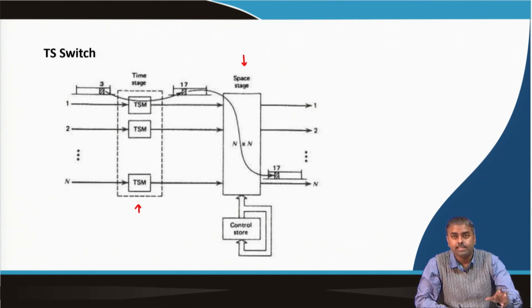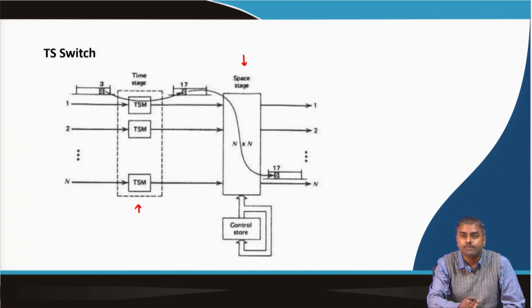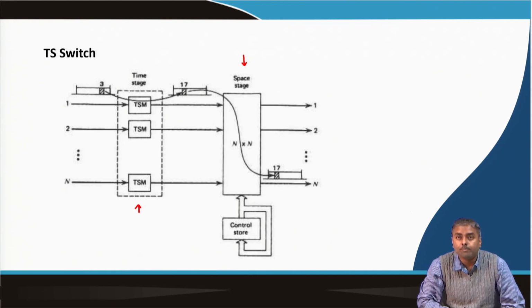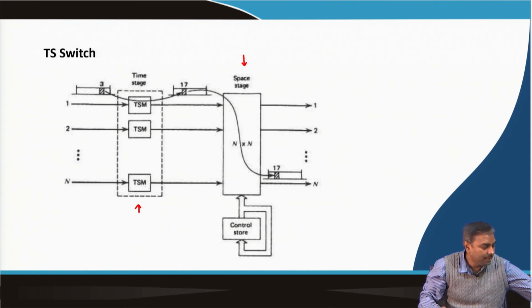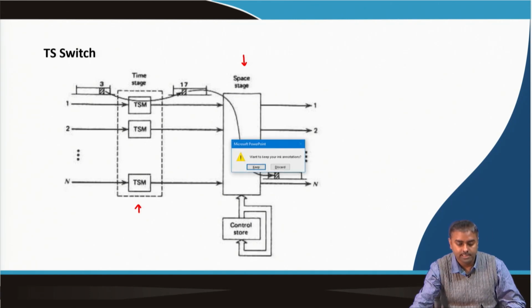The first stage is time switch and the second stage is space switch. How does this operate?